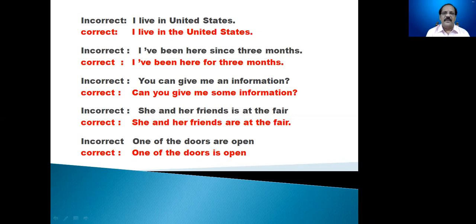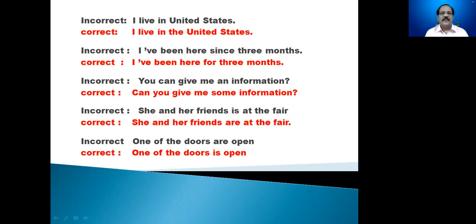That means whenever you are using since, you should say since 8 a.m., since 5 a.m., since this morning, since yesterday. At what point the action has started, when you are referring to a point of time, we have to use since. Whenever you are referring to a period of time, like 3 months, 2 hours or 2 days, for the last 20 minutes, we use for.